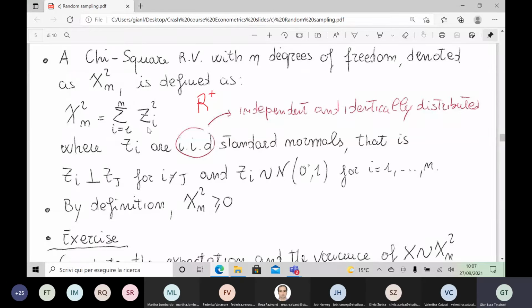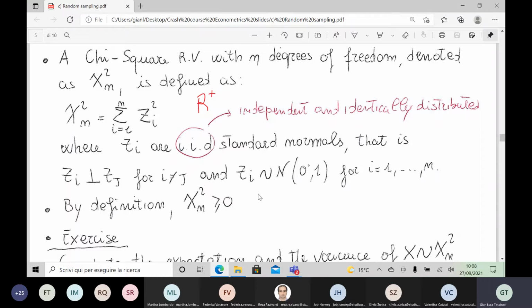So here you have zeta 1 square plus zeta 2 square plus zeta 3 square plus etc. up to zeta n square. Here all these n random variables are independent, one with respect to the other. And this independent identically distributed means that all the zeta i have the same distribution, and in particular the distribution of zeta i is standard normal.